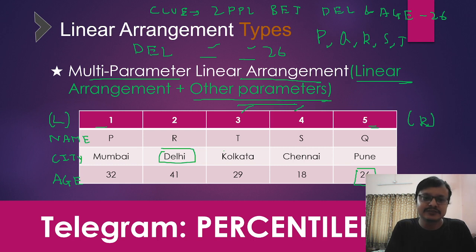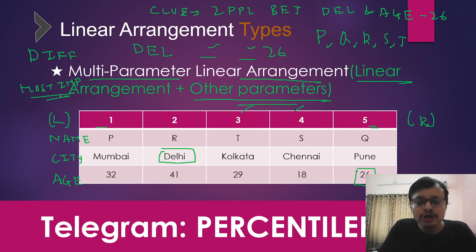Multi-parameter based arrangement sets are usually difficult, but they are the most important as far as CAT is concerned. Don't worry, we'll be discussing a lot of varieties of multi-parameter linear arrangement sets so that all your worries regarding this topic get dispersed as soon as possible.